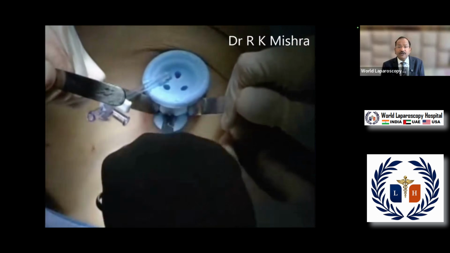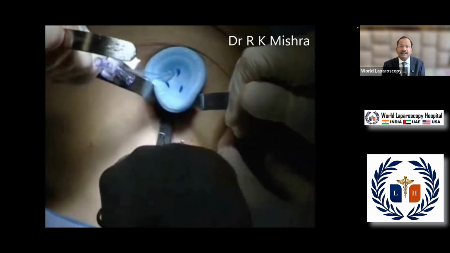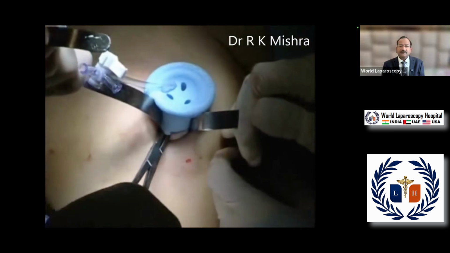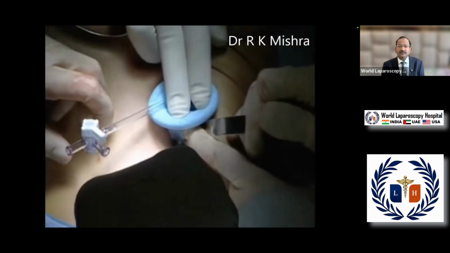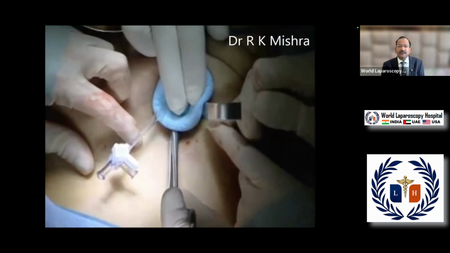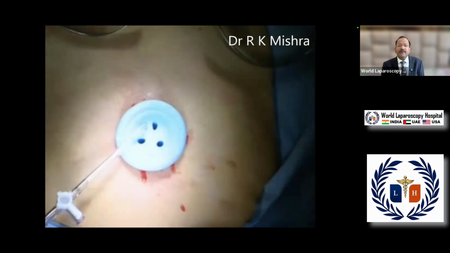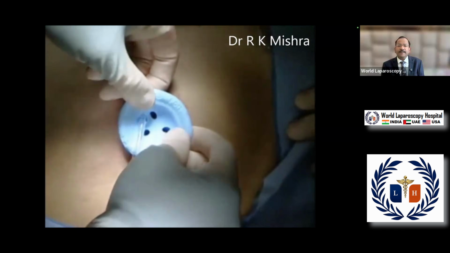And in this one port, 3 other ports will be introduced, and one connector for the gas, you can see the CO2 connector is there. And now remove the S retractor, and after that 3 other ports will go.